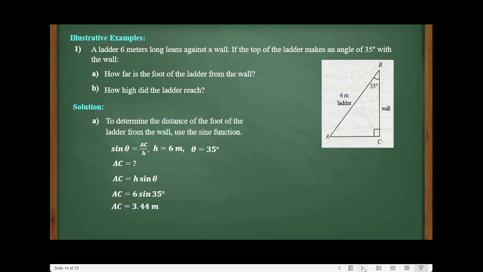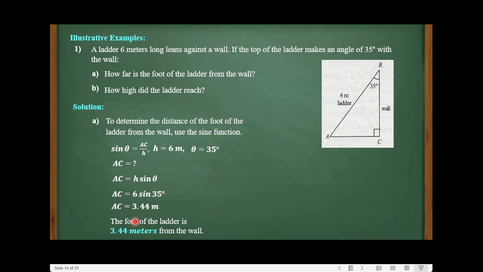Sine 35 degrees is 0.57357, multiplied by 6, that is equal to 3.44 meters.